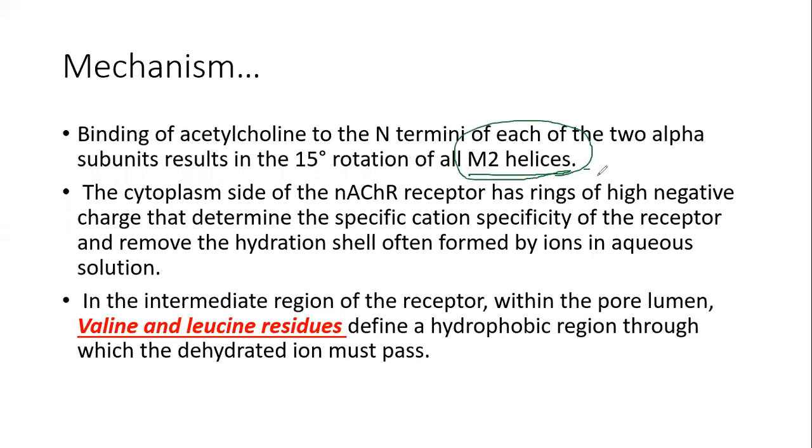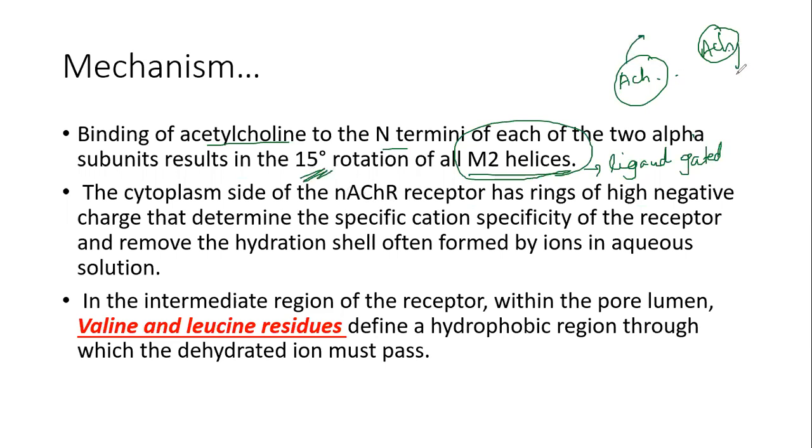M2 helices of what? Your ligand gated channel, right? Acetylcholine gated channel. I'll show the figure in the next slide. So what you have to remember is that the acetylcholine is binding to the N terminus, to the alpha subunits. There are two binding sites where acetylcholine comes and binds. So when it is binding, what is happening? It is rotating 15 degrees.